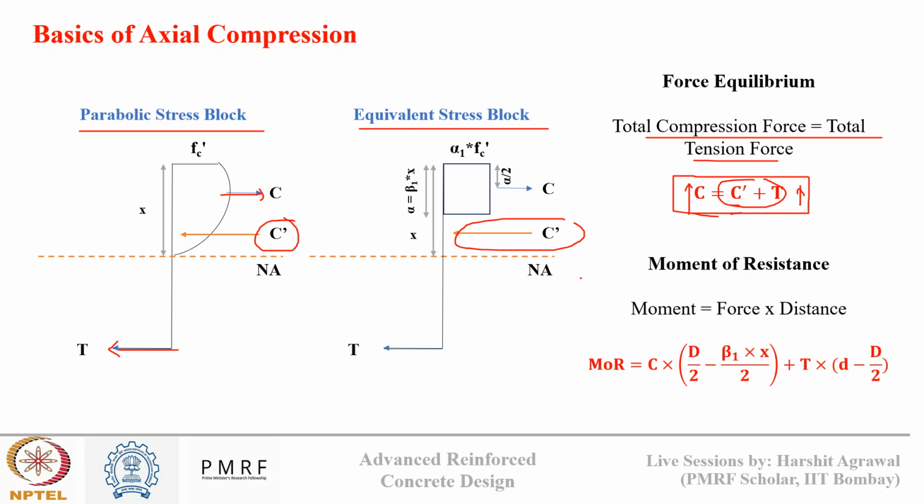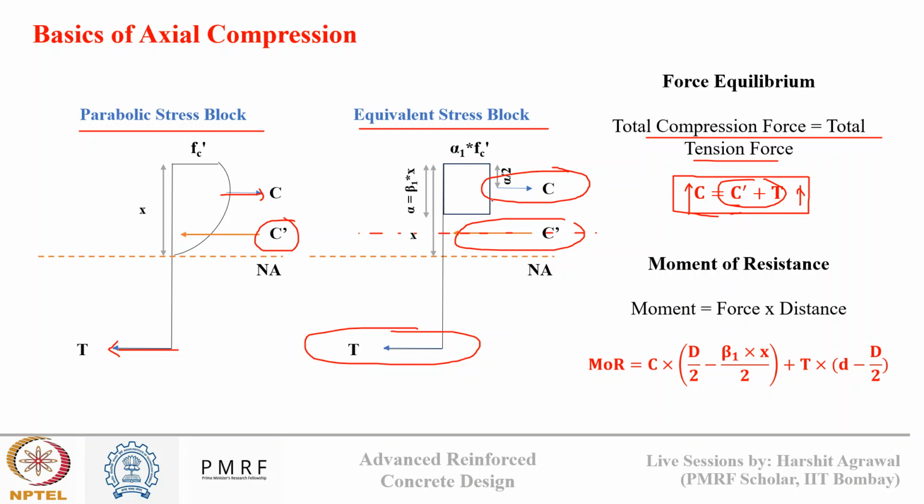Okay, so if we write the net moment of resistance along this axis C dash, what will happen? This compressive force that the concrete is offering and this tension force that the steel is offering, they will make a couple.